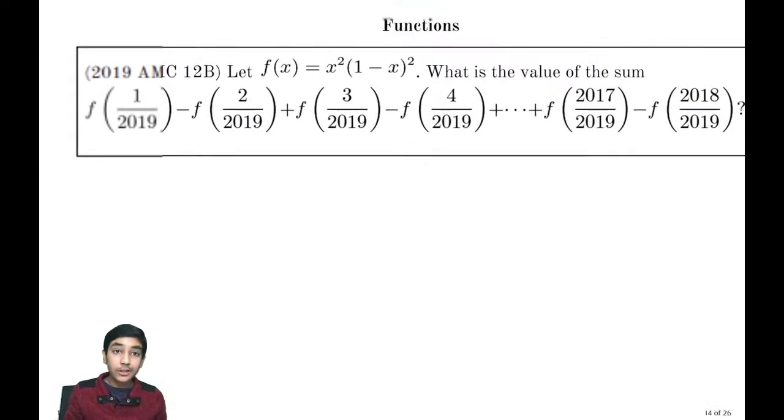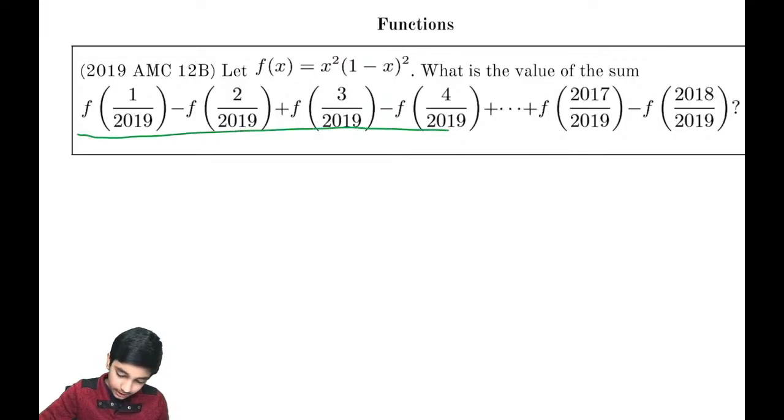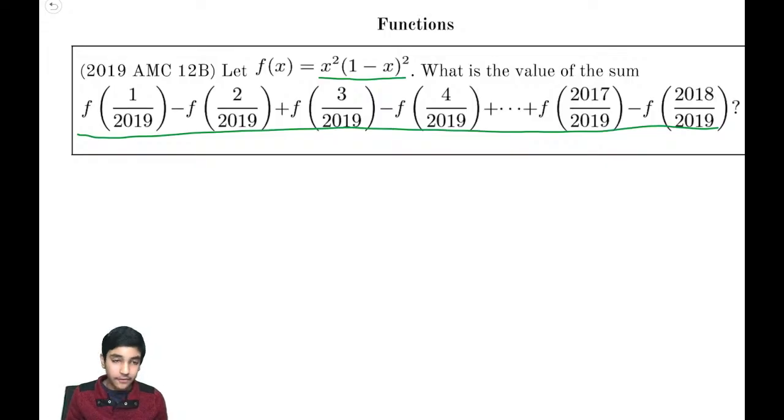Now let's take a look at some functions problem. And this is probably the nicest problem that's covered today. It seems very daunting and intimidating, but it actually is a really nice solution. So as you can see here, we have this large function quantity, and this function is equal to this expression, and you want to find the value.